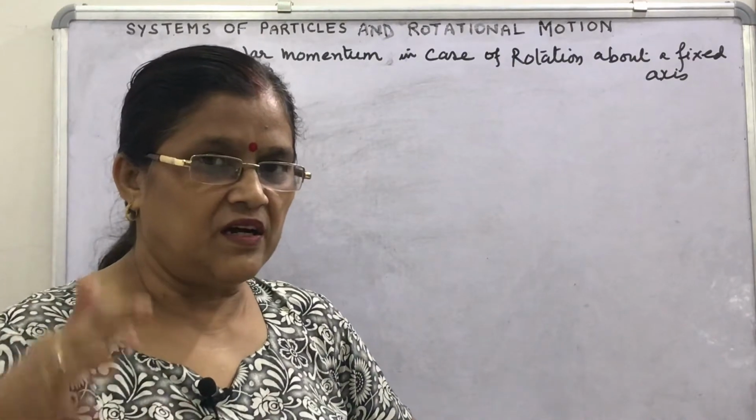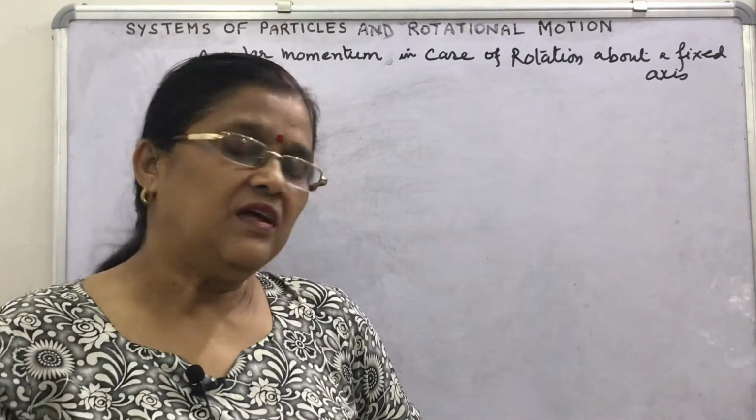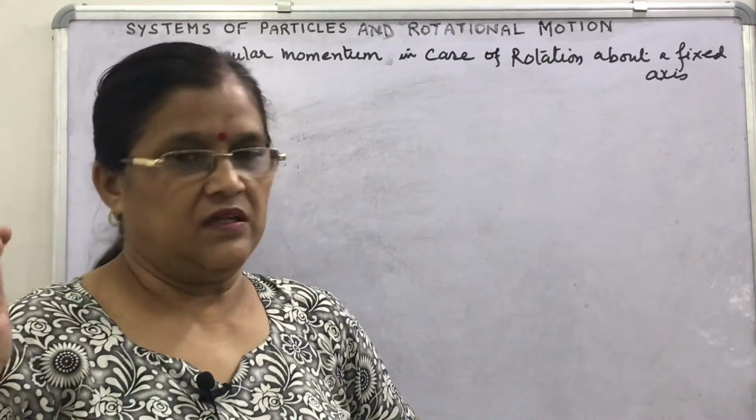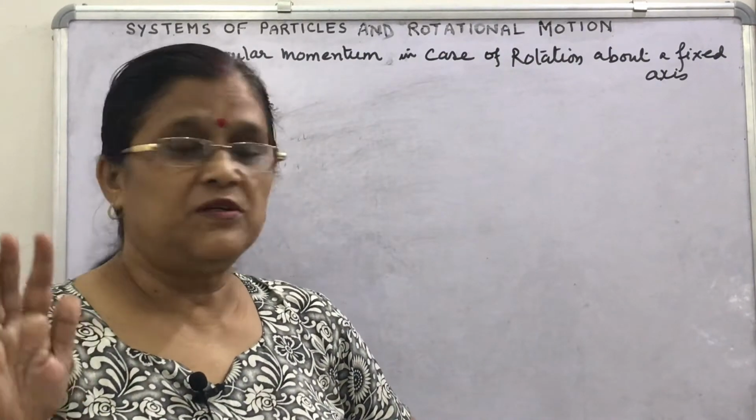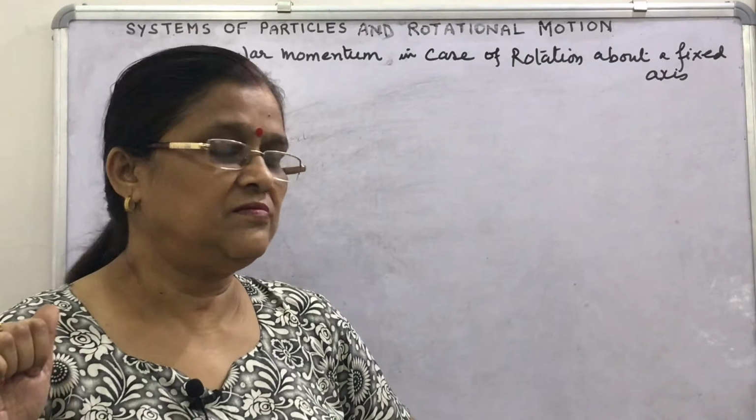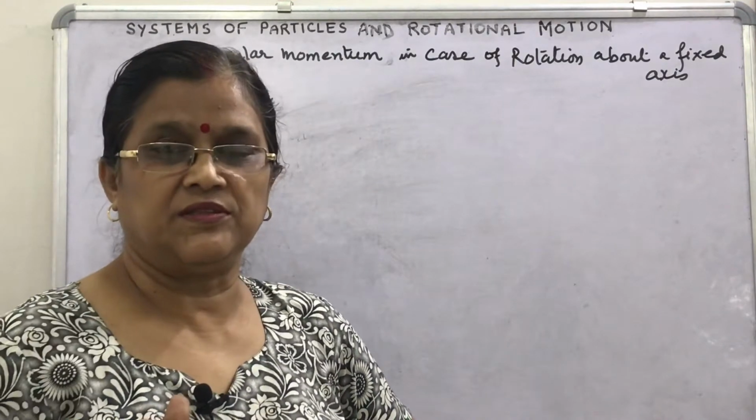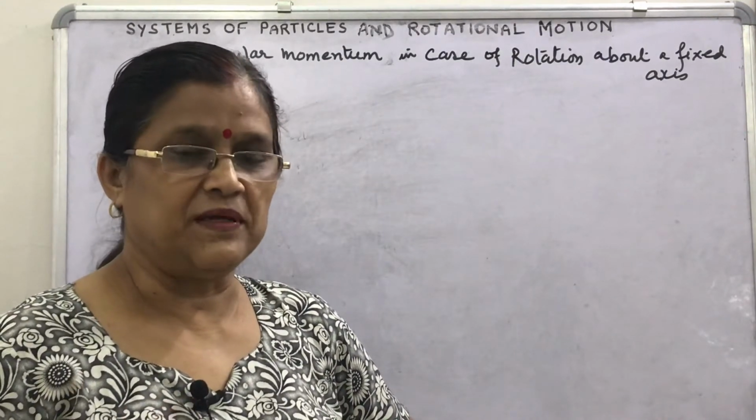We have seen a diver, when jumping from a springboard, exhibits somersaults in the air before touching the water surface. How does it happen?